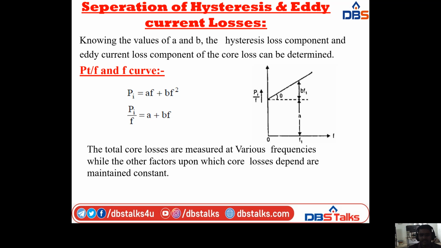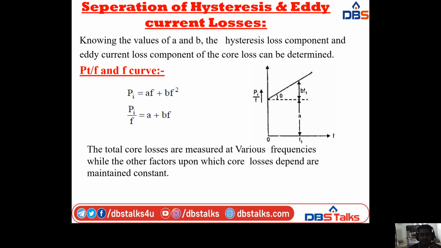One is for the ideal condition, a straight line that I have indicated with dotted lines, and then we have one curve that is linearly increasing, with intercept A and slope B.